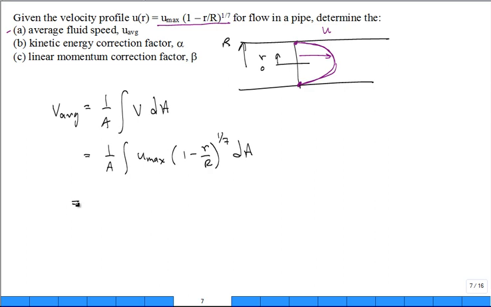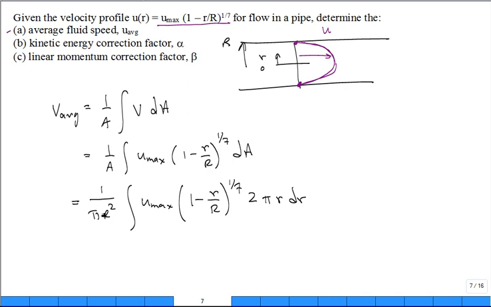And we'll go ahead and say it's a round pipe, and so I can replace the area with pi R squared for that area. And we have U max, and we have 1 minus lowercase r over cap R to the 1/7 power. This dA we can replace by 2 pi r dr. Did that make sense so far?